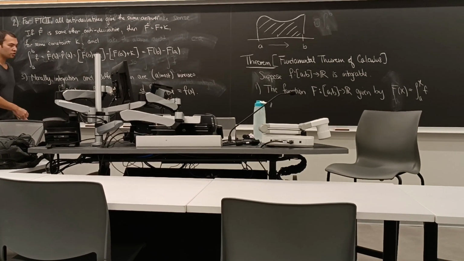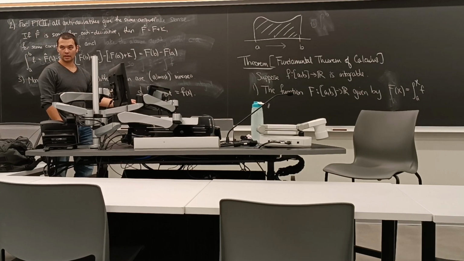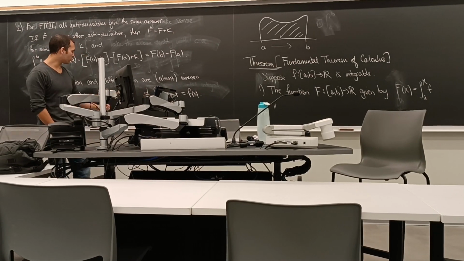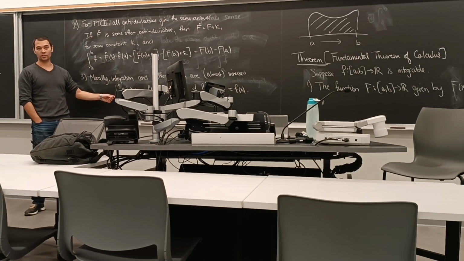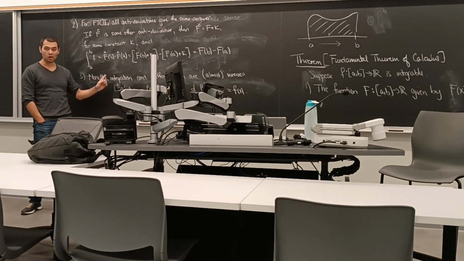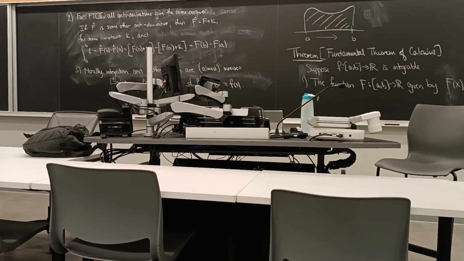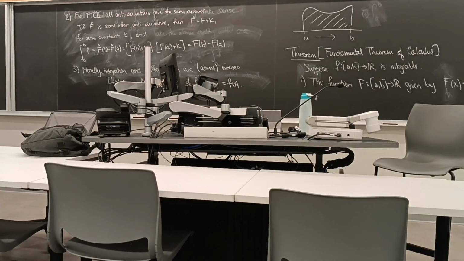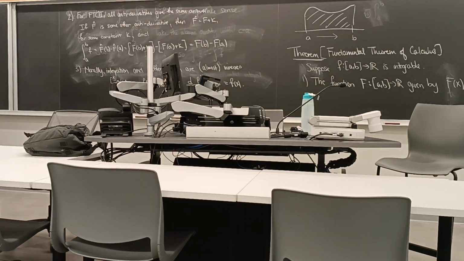So integration is a right inverse for differentiation, and differentiation is the left inverse for integration. However, integration is not a left inverse for differentiation. It's close, but it's not quite. Remember at the beginning of the year we talked about how if you're left invertible, then you're injective, and if you're right invertible, then you're surjective.